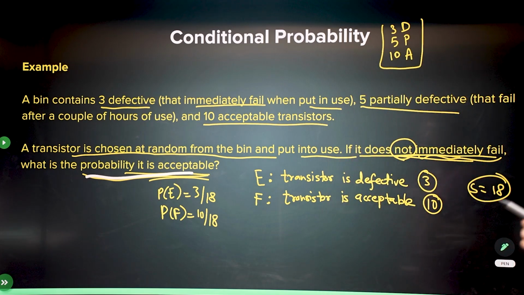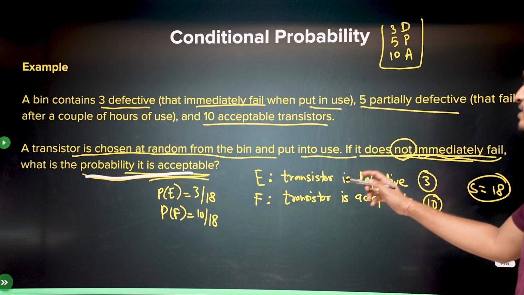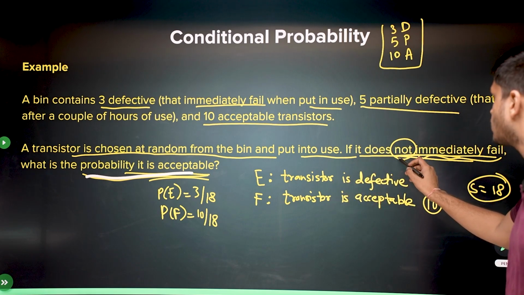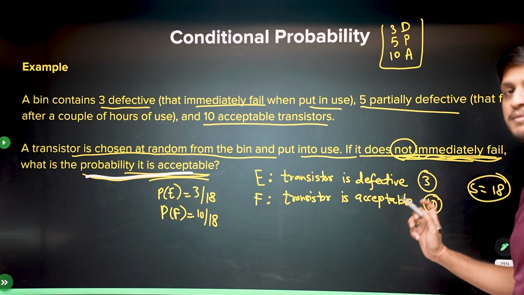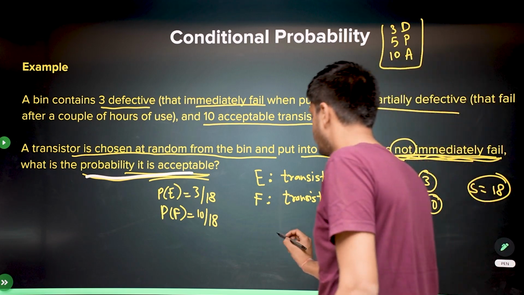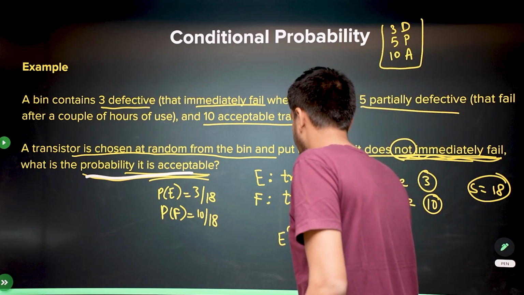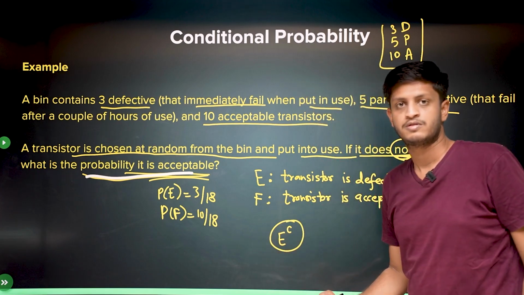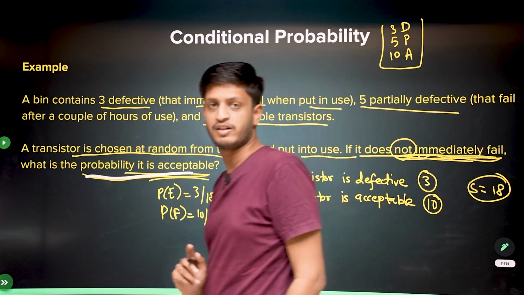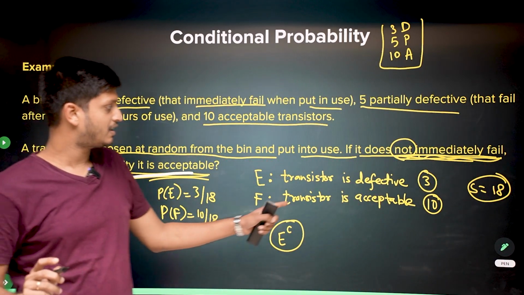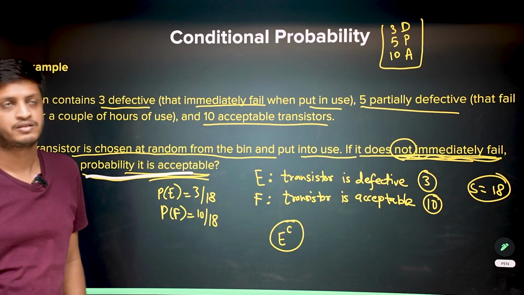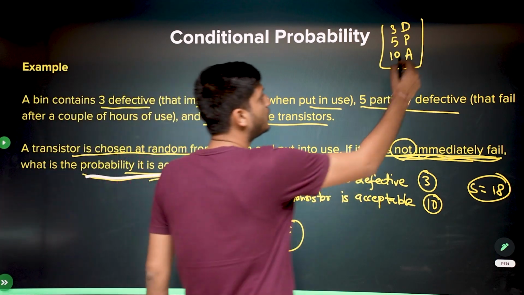Given that the transistor we pulled out does not immediately fail, it means that E complement happened. It means that it was not defective.